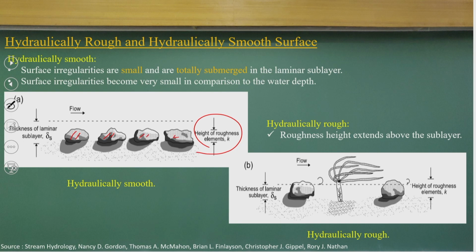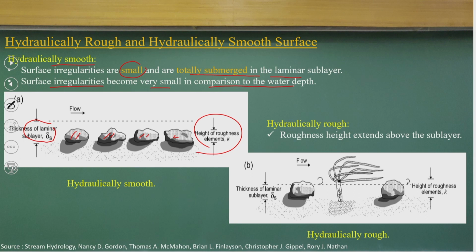If the thickness of the laminar sublayer is larger than the height of roughness k, then we call it a hydraulically smooth layer. In this case, the surface irregularities are small and totally submerged in the laminar sublayer. Surface irregularities become very small in comparison to the water depth.